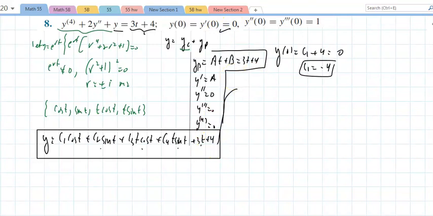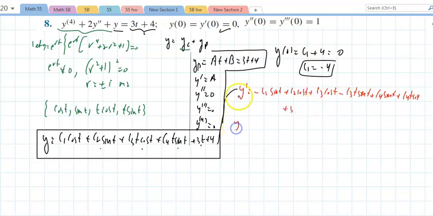Y prime. What is the derivative of this? Y prime would be negative c sub 1 sine of t plus c sub 2 cosine of t plus c sub 3 cosine of t minus c sub 3 t sine of t plus c sub 4 sine of t plus c sub 4 t cosine of t plus 3.